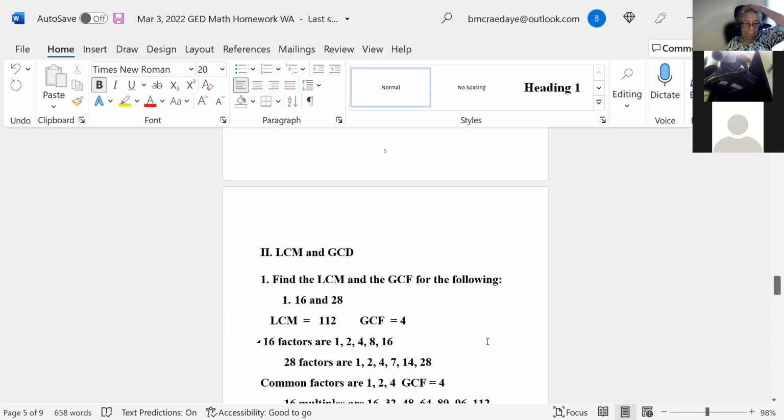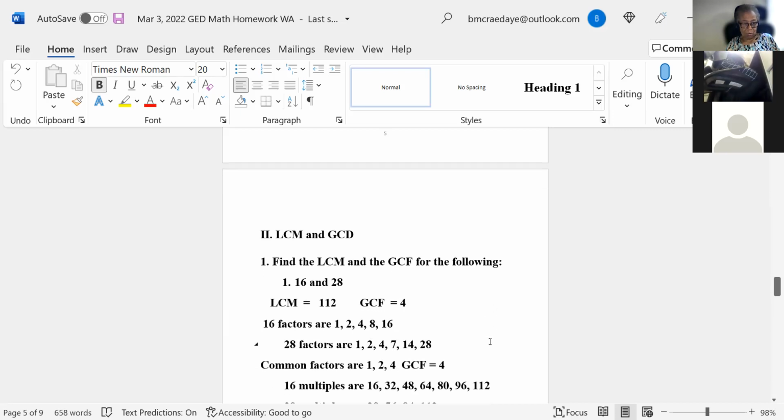So you have to list the factors for each number, and then the ones they have in common, the ones you see in both lists. That's 1, 2, 4. Then you look in the list and say, what's the highest number there? The highest is 4. So the greatest common factor is 4.